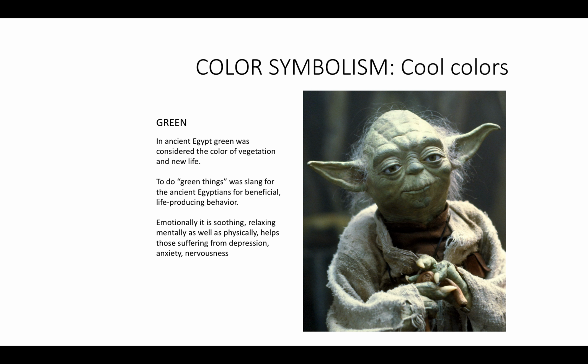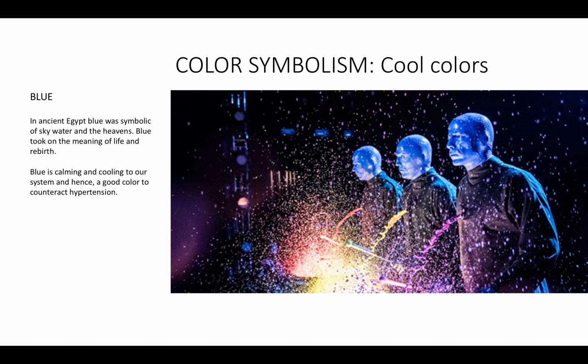So if we look at the symbolism, green has always been a color of vegetation and new life. We still relate green things to things relating to the environment or beneficial to the environment. It's a very soothing, earthy, relaxing color for humans, one of the reasons we love being outside instinctively.